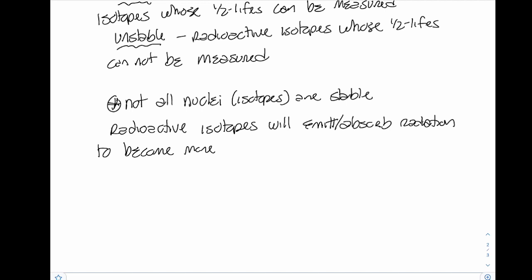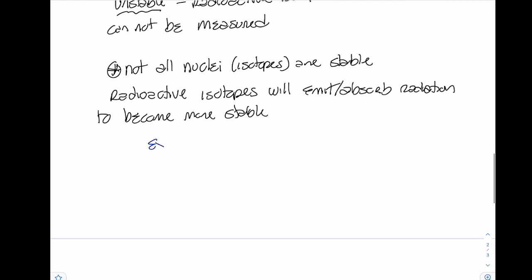Things still want to be stable, just like in chemical reactions. Stability is our goal. If it's not stable, it's going to do something to become more stable. In this case, it's going to either emit radiation, decay in some way, or absorb something to become more stable. So, the carbon-14 example. Carbon-14 is not stable.